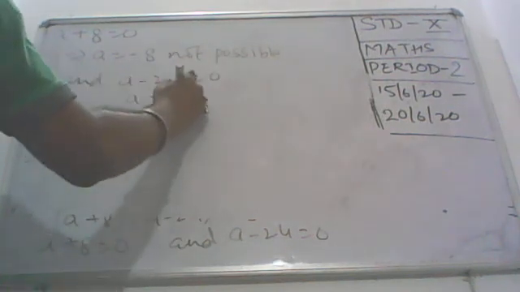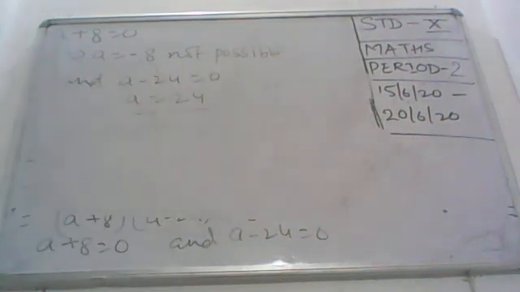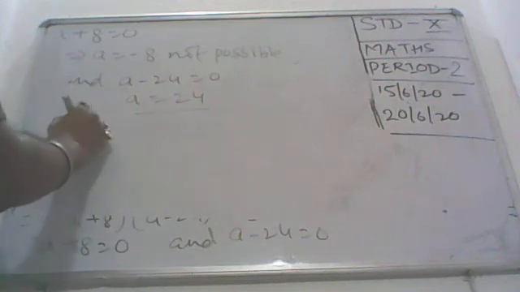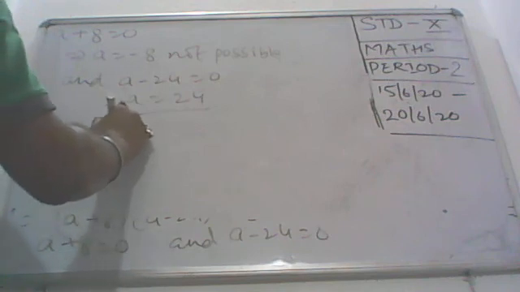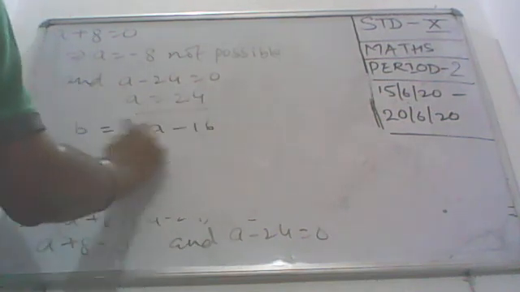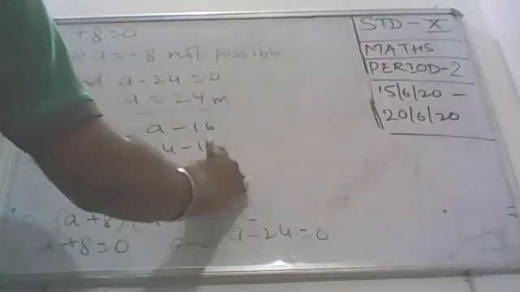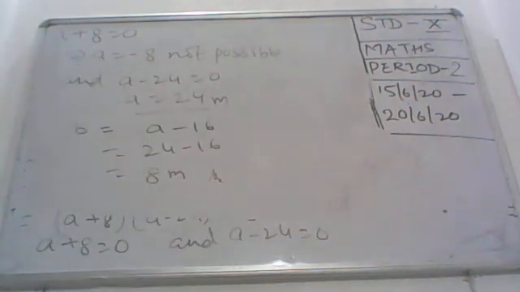So a is equal to 24. And then what is b? From that equation, b was a minus 16. So 24 minus 16, that is 8 meter. That is the answer. And this is how we solve the problems here.